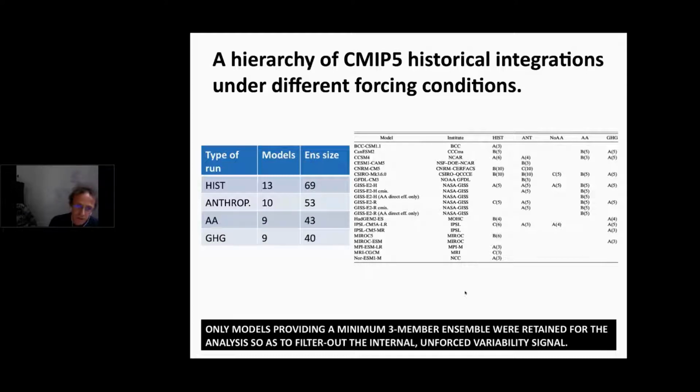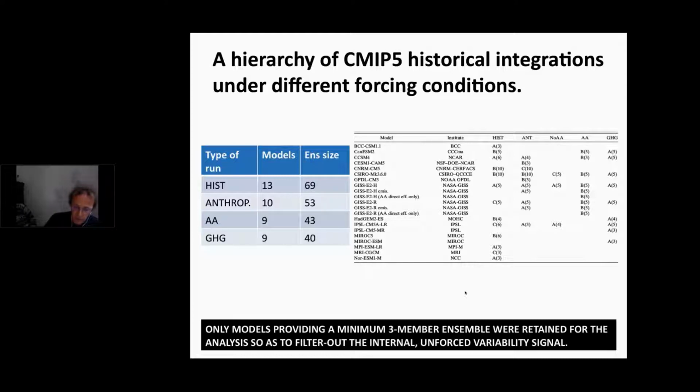So in any of these experimental sets, we have only allowed models that have provided an ensemble of simulations. And the reason is that by using an ensemble, we can isolate or identify the forced component through an average across the whole set of members.